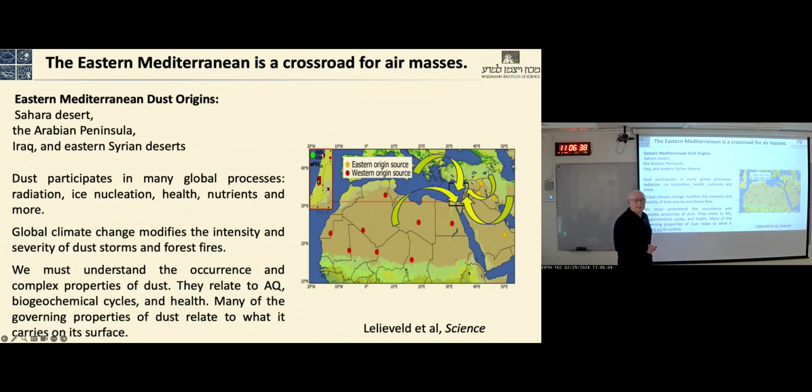We also have dust that arrives from the Iraq, Iran, Syria area, an area that is undergoing desertification and increasing dust activity. And we also have a lot of flow from the west, northwest, which is not dusty, more clean air. It goes over the Mediterranean, and a lot of material is being deposited. So in contrast to these trajectories, we have cleaner air.